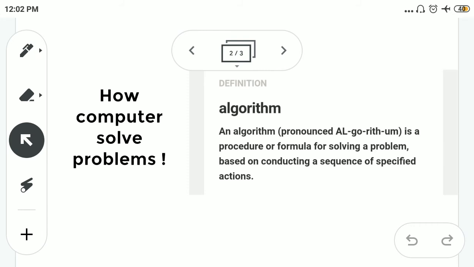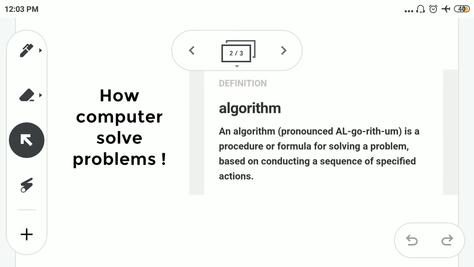Algorithms can be used to solve a problem. This algorithm can be provided to a computer, and the computer executes this formula or procedure and finds the solution for the problem.